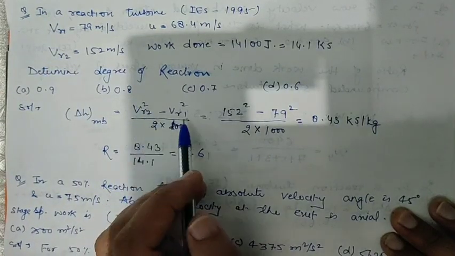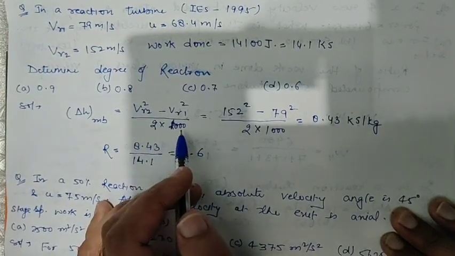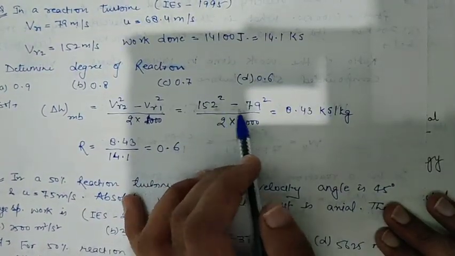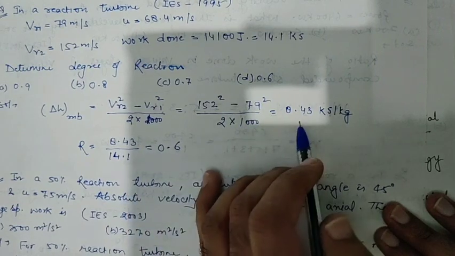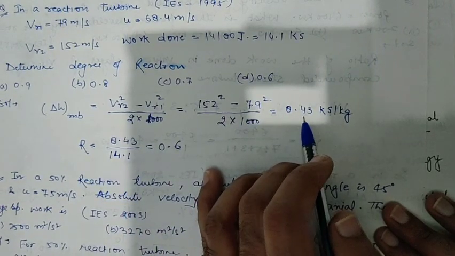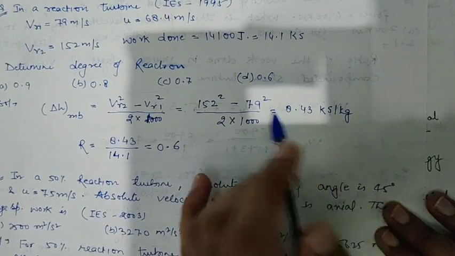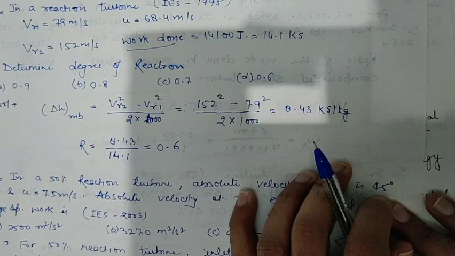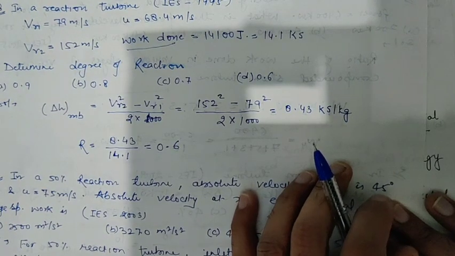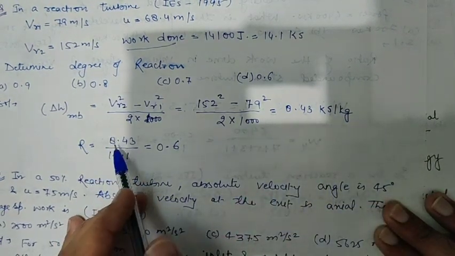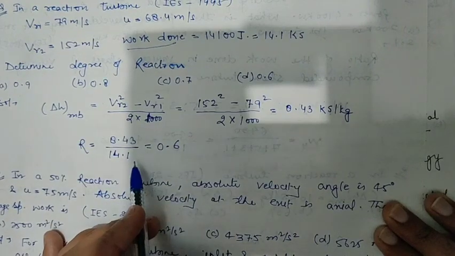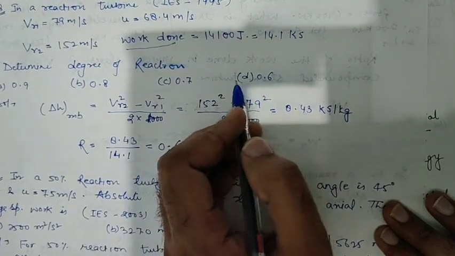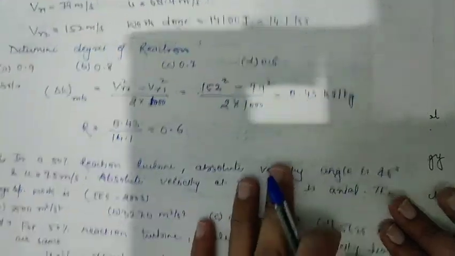So VR2 square minus VR1 square divided by 2 into 1000 is equals to, put the value of VR2 and VR1, we will get delta H MB is equals to 8.43 kilojoule per kg, and this work done is equivalent to the summation of enthalpy drop in fixed blade and the enthalpy drop in moving blade. So R is equals to enthalpy drop in moving blade divided by the work done, 14.1, that is 0.6. So this fourth option is correct one.